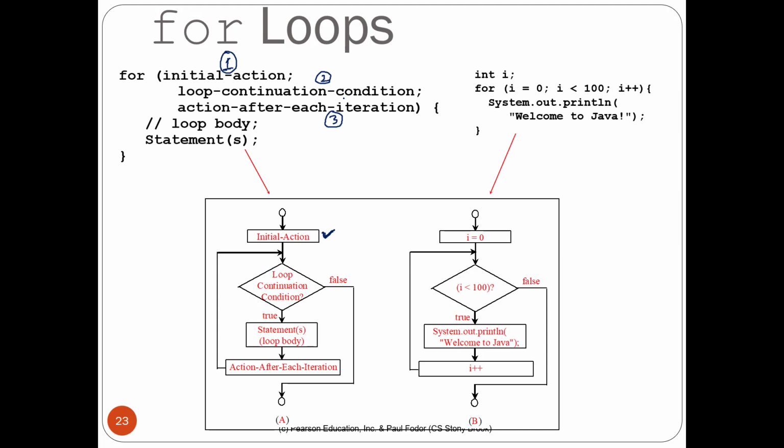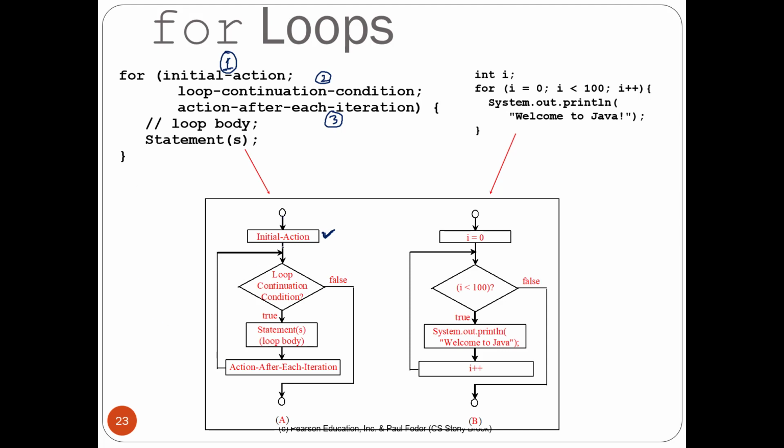If this condition is false, then you should immediately come out of the for loop. If the condition was false, you cannot enter the for loop even once. So it's very similar to the while loop in its execution. It's not like the do while loop, which lets you enter the loop at least once. The condition must be true.